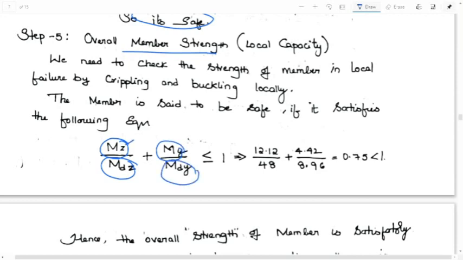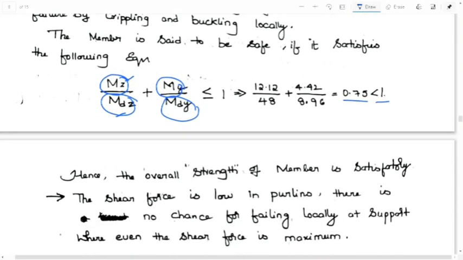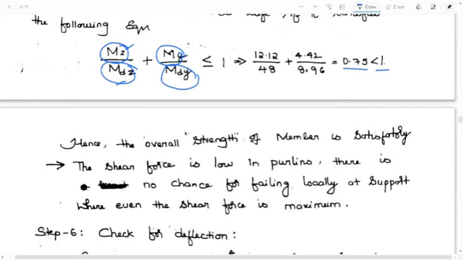MZ is the moment due to load about the z axis, and MDZ is the strength of the section about the z axis, and MDY about the y axis, and on calculation it is 0.75, which is less than 1, and therefore the overall strength of the member is satisfactory. Okay.